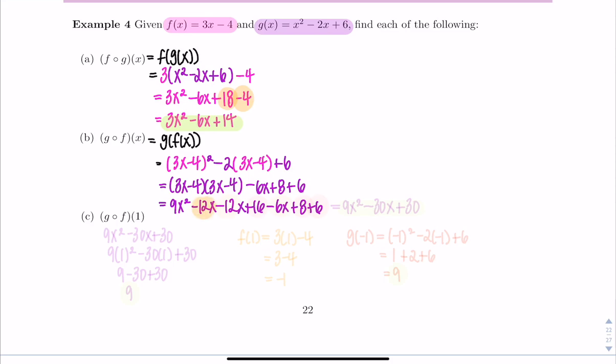I've got negative 12x, negative 12x, and negative 6x. I have 16, 8, and 6. So what I end up with is 9x squared minus 30x plus 30.